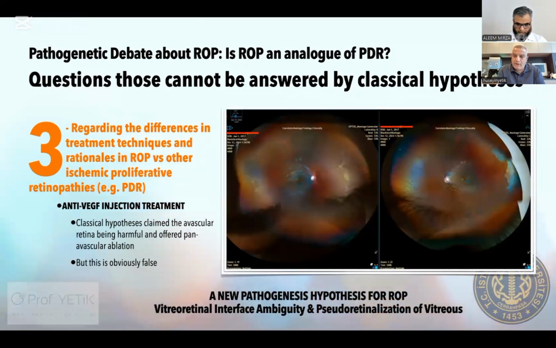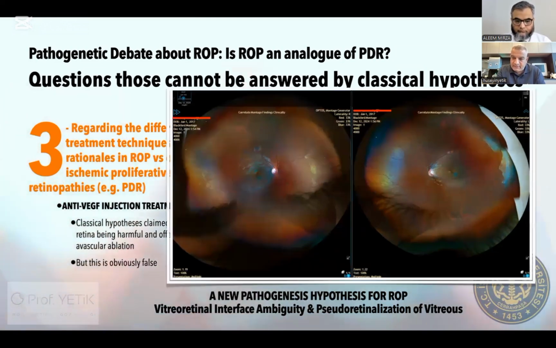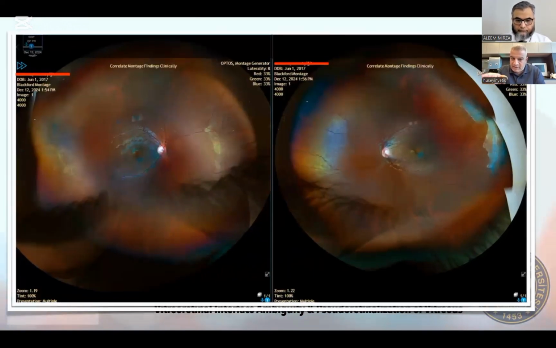And look at this. This case is now 8 years old. And can you see there is still a very huge area of peripheral avascular area. You see, even there is a membrane.